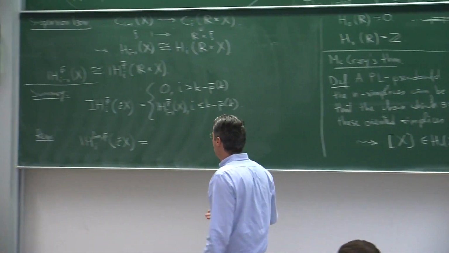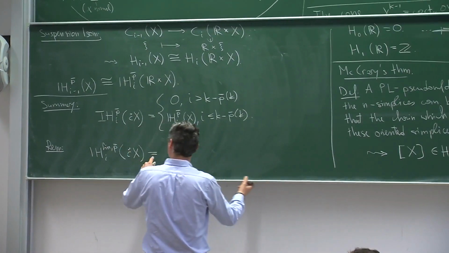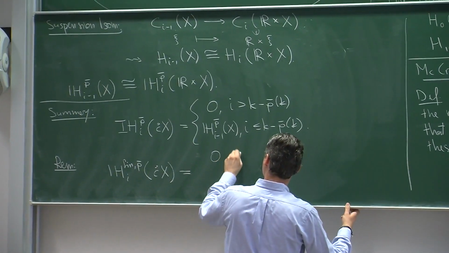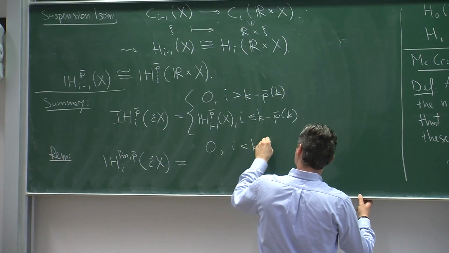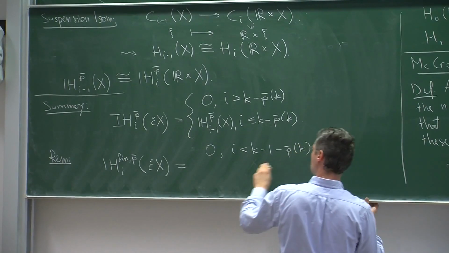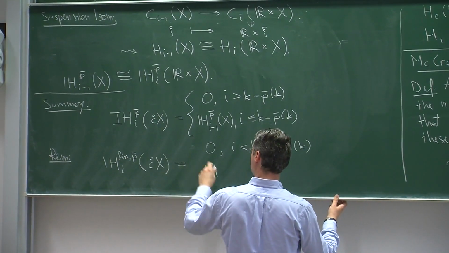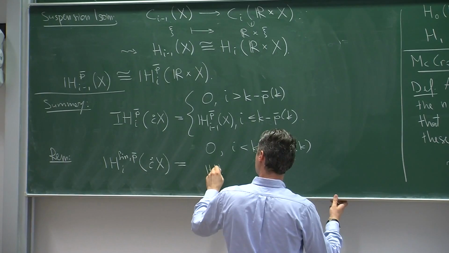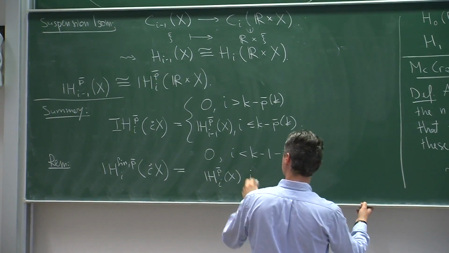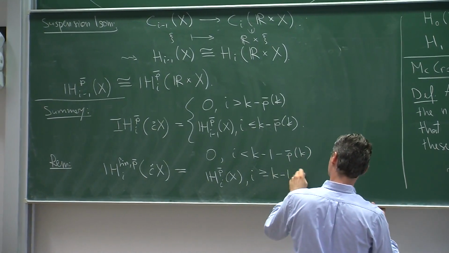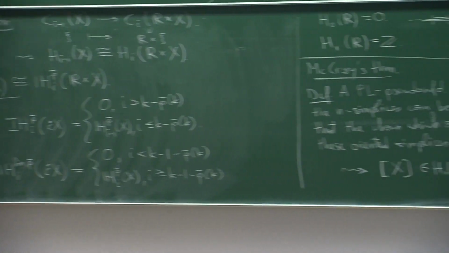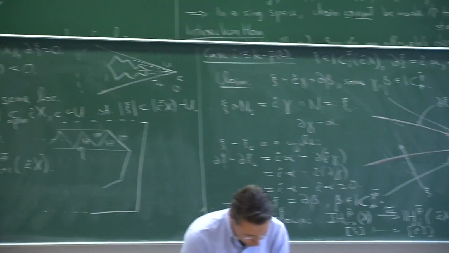But it's not too hard to see with finite chains that what you get is 0 if i is less than, I guess, k minus 1 minus pk. And now there can, of course, not be a degree shift if you use finite chains. And so you have something like this.